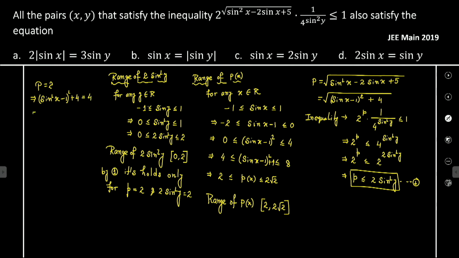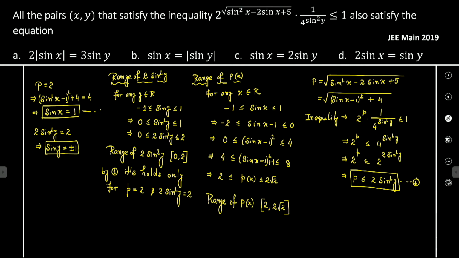Okay, so that implies that sin x is equal to 1. So that's the condition. And if I consider 2 sine square y is equal to 2, it definitely implies that sin y is equal to plus or minus 1.